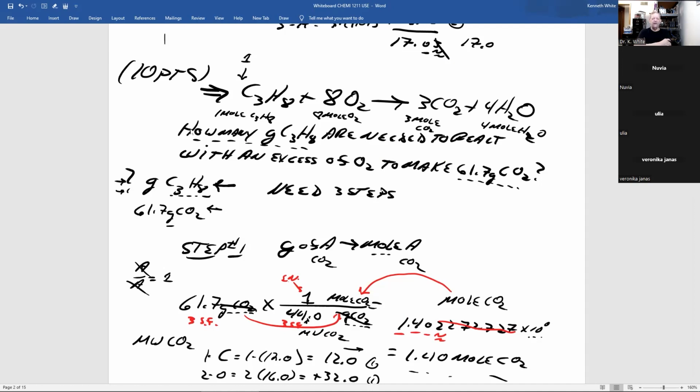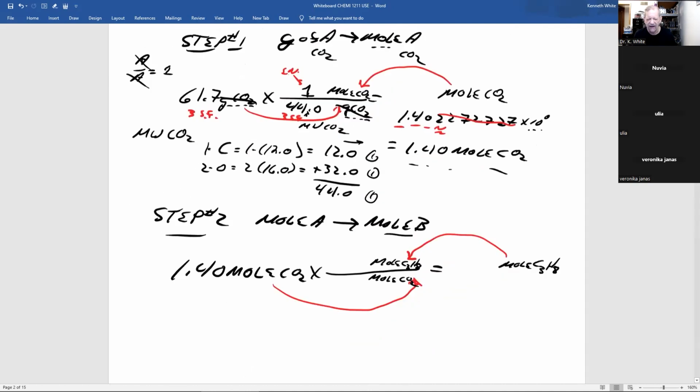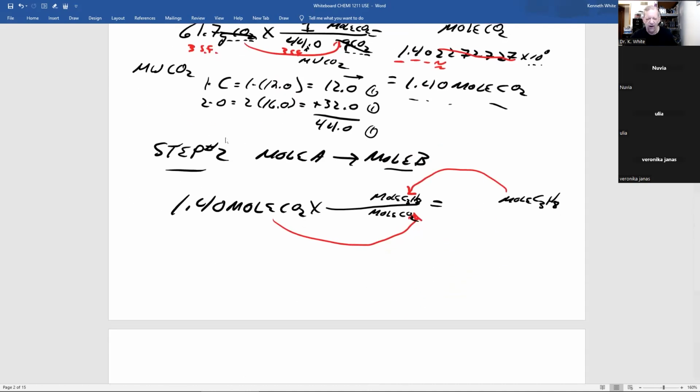And all we need is for every 1 mole of C3H8, you make 3 moles of CO2. With that in mind, for every 1 mole of C3H8, we make 3 moles of CO2. And that's where we get those numbers.